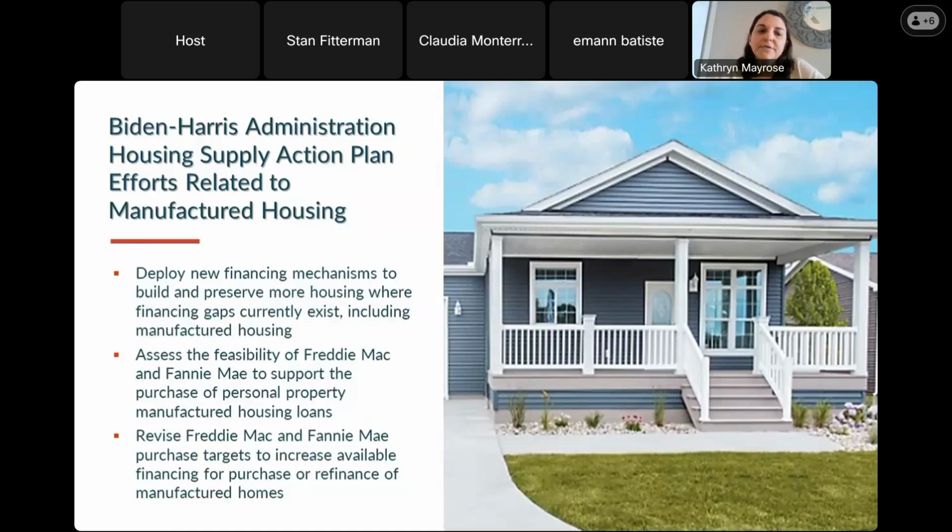Another effort is to assess the feasibility of Freddie Mac and Fannie Mae supporting the purchase of personal property manufactured housing loans, and also to look at revising the Freddie Mac and Fannie Mae purchase targets to hopefully free up financing in the market for the purchase or refinance of manufactured homes.